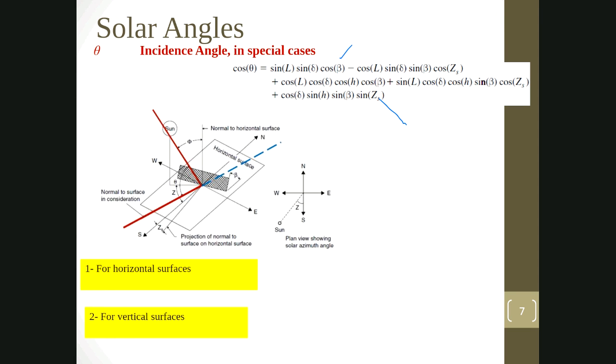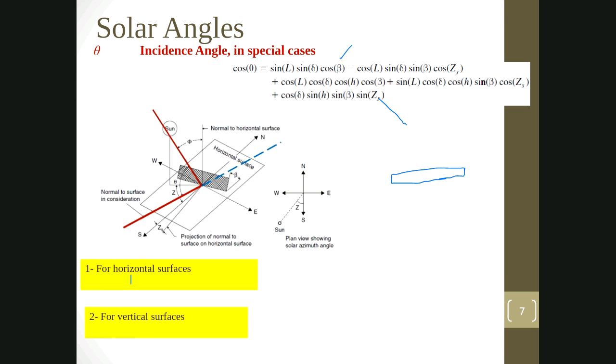So if my surface is totally horizontal, which angle will be equal to 0? That means I have a horizontal surface, so the tilted angle beta equals 0.